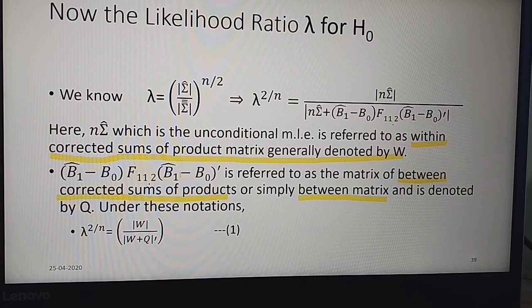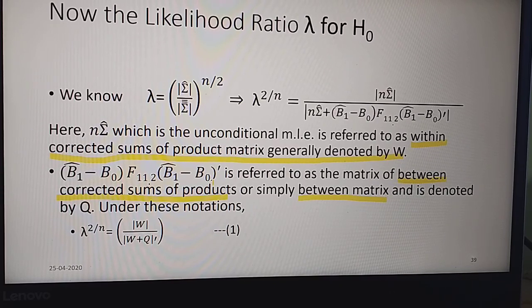N sigma cap speaks of the unconditional variability within the given sample, whereas, noting that the matrix F11 dot 2 is positive definite, and that the matrix B1 cap minus B naught is the difference between the unconditional and the corresponding assigned, that is conditional, submatrices, the positive definite matrix B1 cap minus B naught F11 dot 2 B1 cap minus B naught prime precisely reflects the departure of the hypothesis H naught from the true population represented by the given sample.